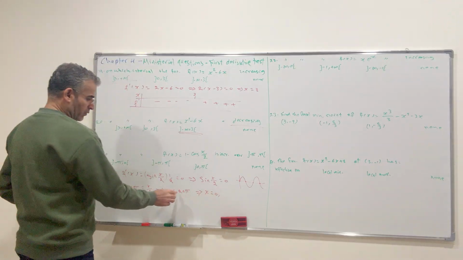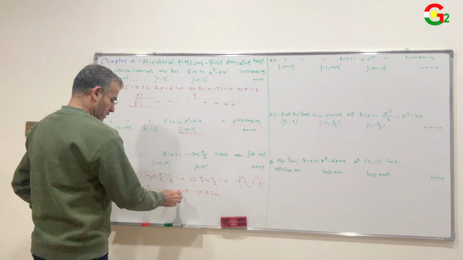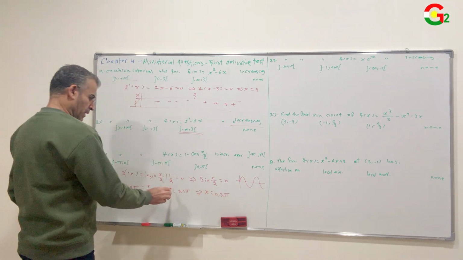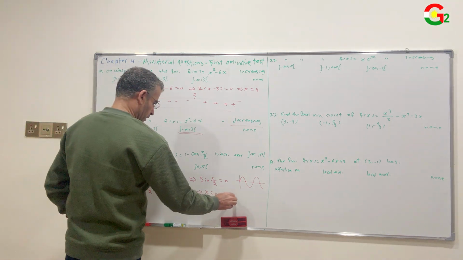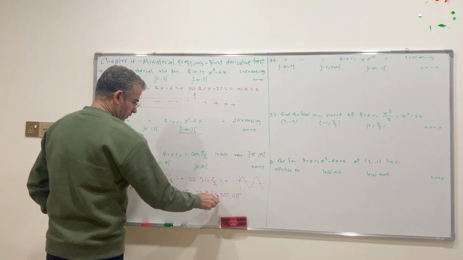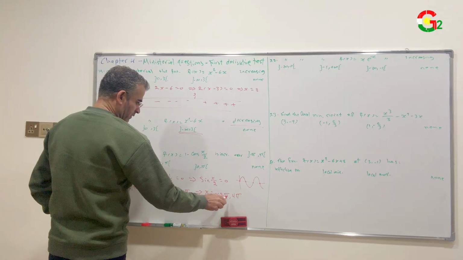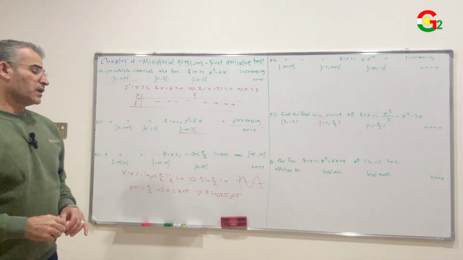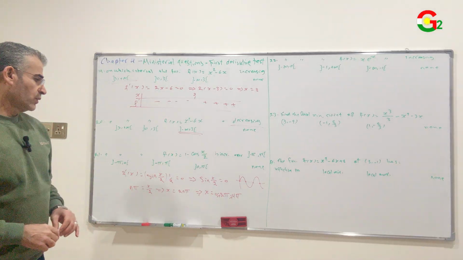When n equal 1, then x equal 2 pi. When n equal 2, then x equal 4 pi. If we take from both sides, negative and positive, we have negative and positive 2 pi, negative and positive 4 pi, and so on.